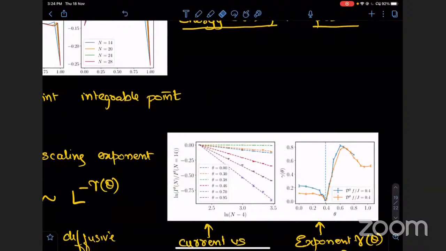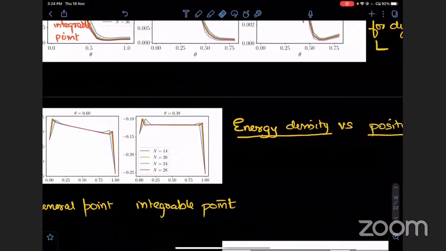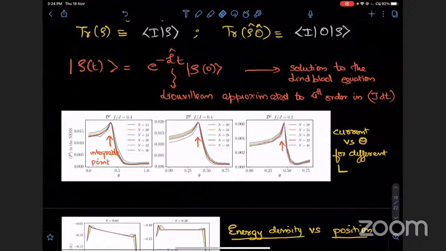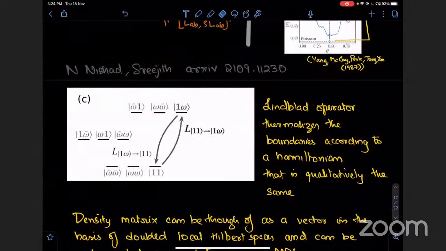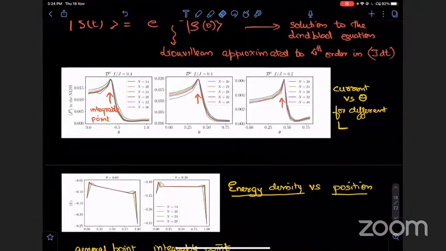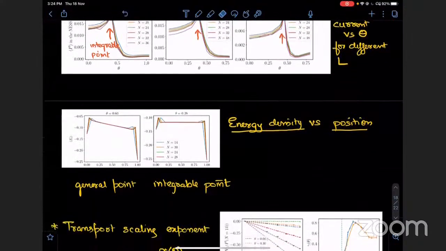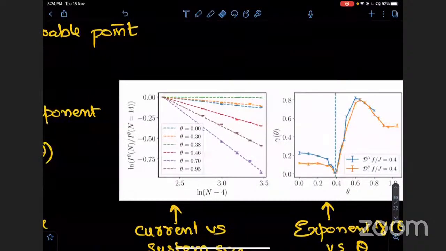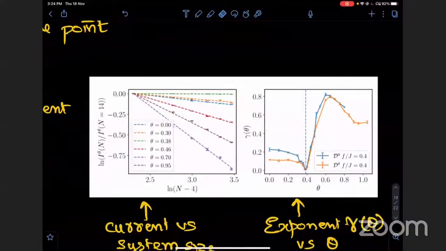So we did try, although I flashed only one kind of Lindblad operators, we tried two different kinds: one that inherits the value of theta from the main Hamiltonian, and one that takes theta equal to 0 irrespective of what the theta of the main chain is. Qualitatively we got the same result. The blue line is for one set of Lindblad operators, and orange is for another set of Lindblad operators on the right hand side.